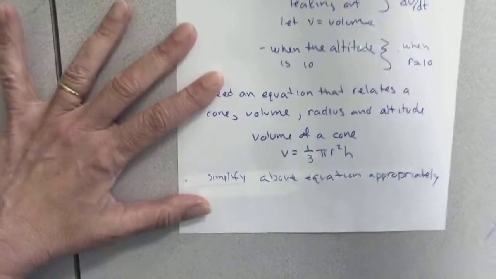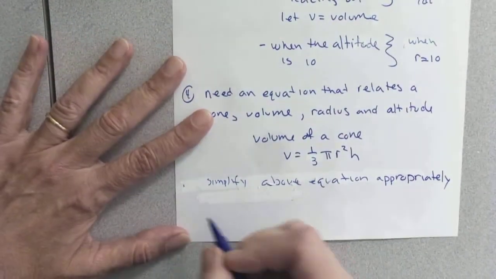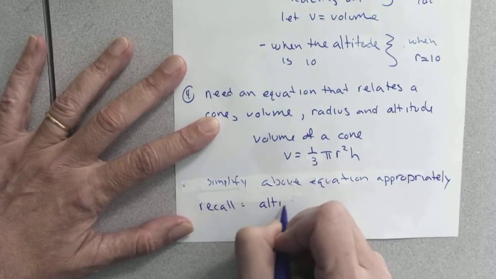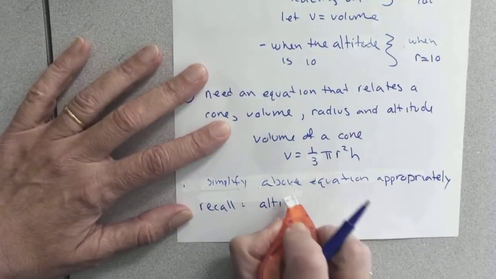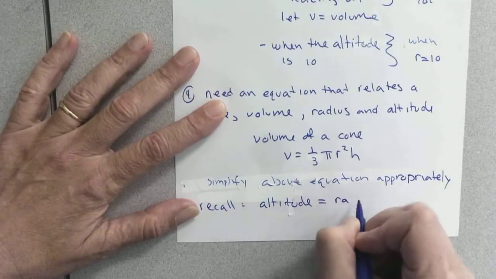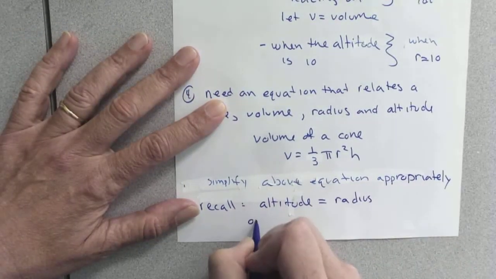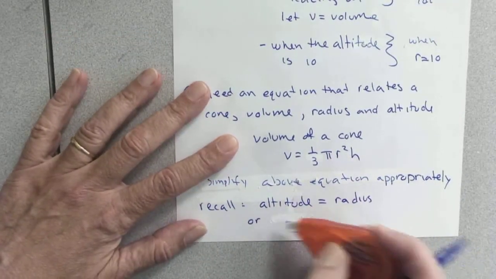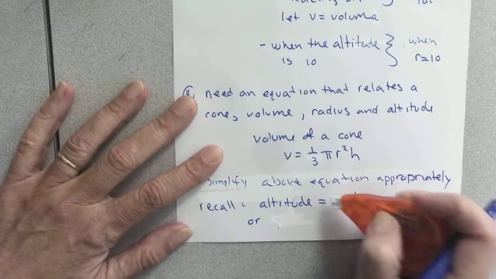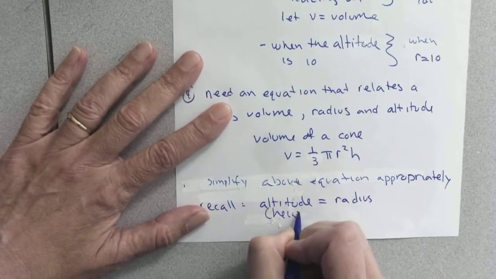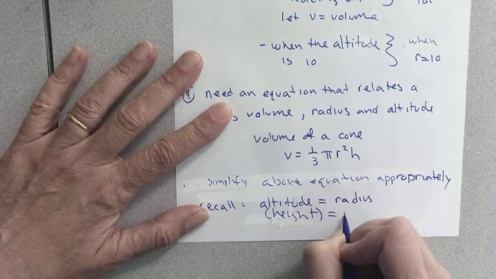Which in this case, for our particular problem, is to remember that the altitude, which is the same thing as the height, equals the radius.